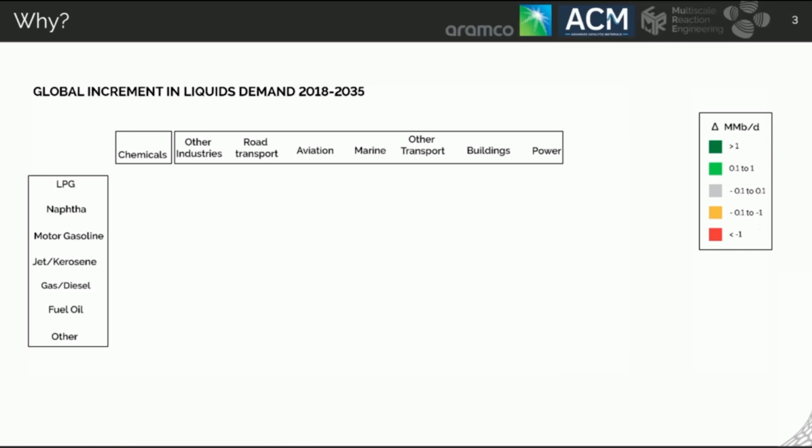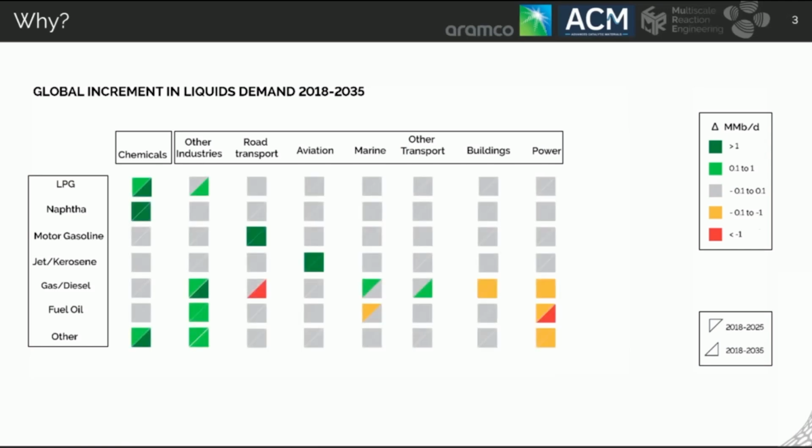If it is green, that means it's growing high, and if it is red, it's declining.